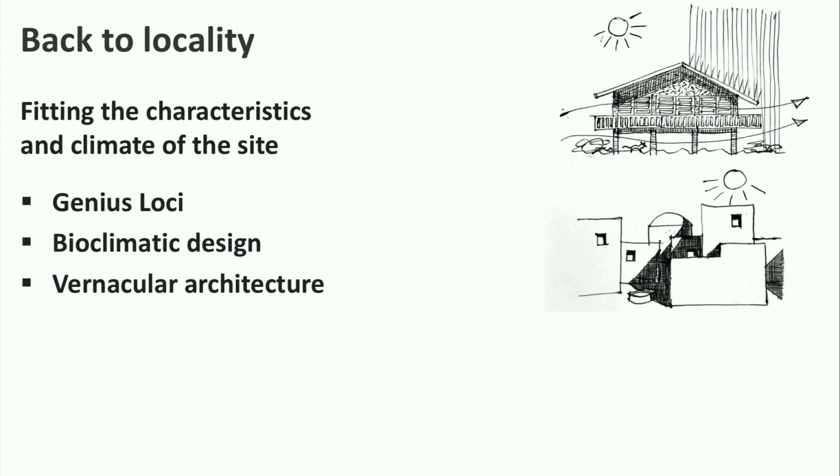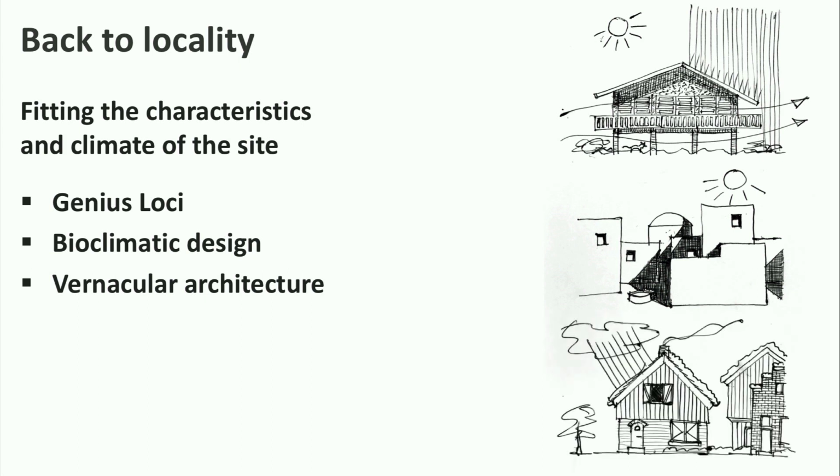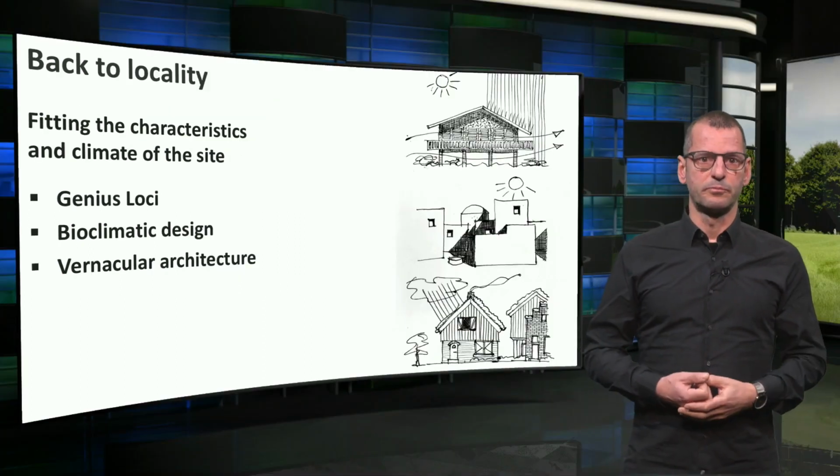In desert areas, we see narrow streets for shading, houses with a lot of mass that temper diurnal differences, white plastered surfaces to reflect the sun, and flat roofs that can cool down under a clear night sky. And in colder climates, buildings need to be well insulated to preserve the heat and have steep, pitched roofs to keep out the rain and carry the burden of snow.